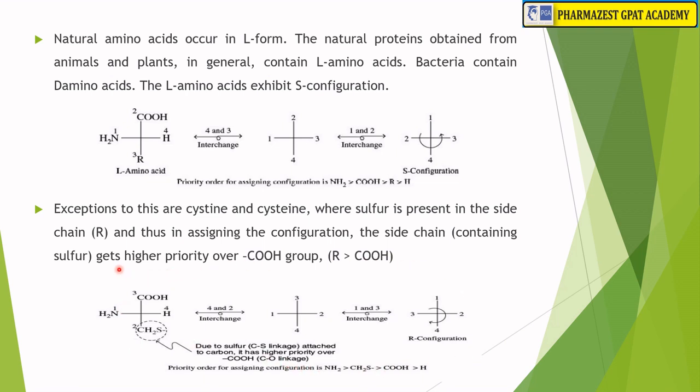Except for cysteine and cystine, where sulfur is present in the side chain, the R configuration is assigned. Rest all are S configuration. The only exception is for cysteine and cystine, which contain sulfur in the side chain.